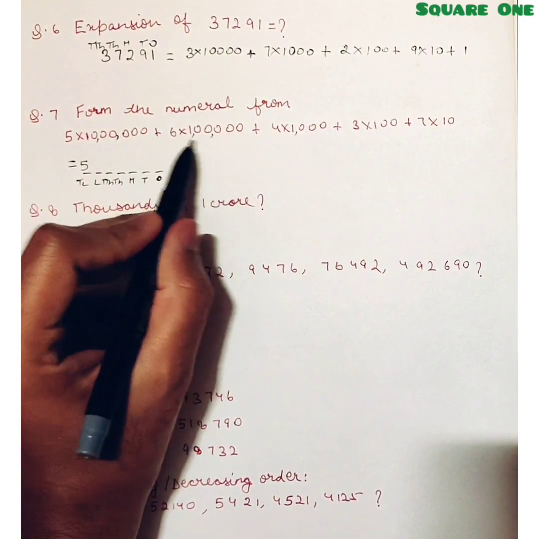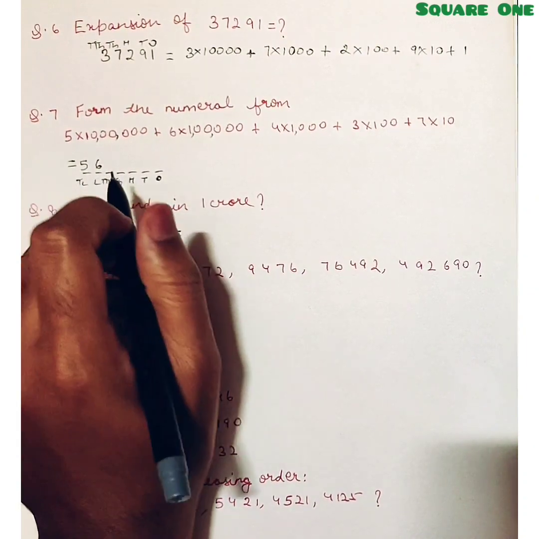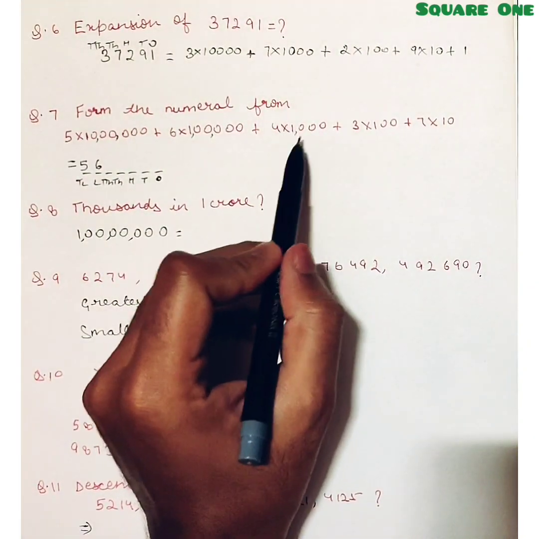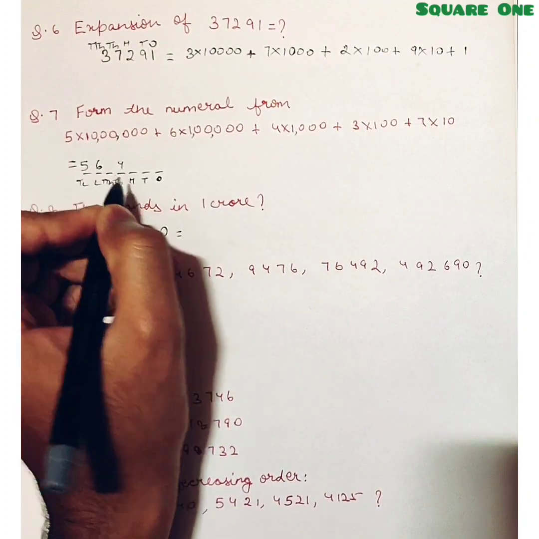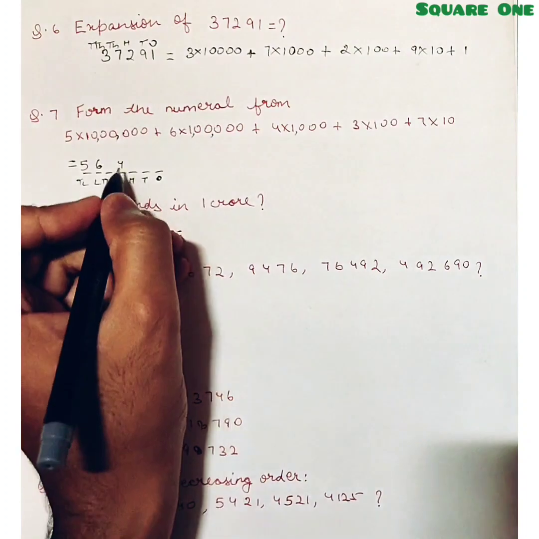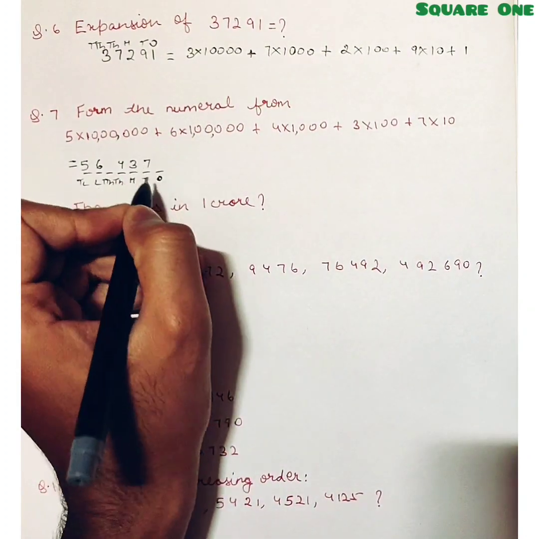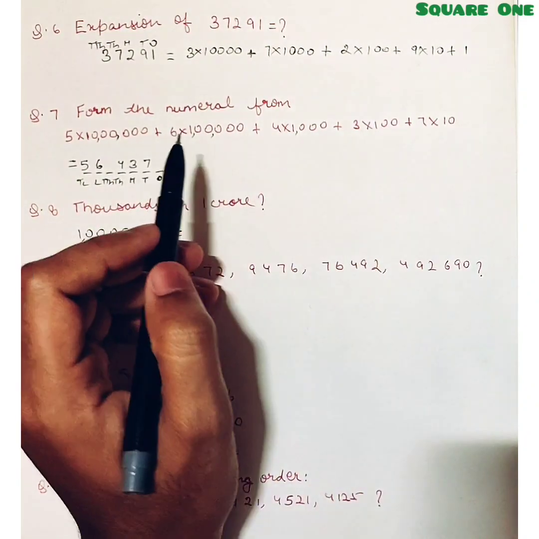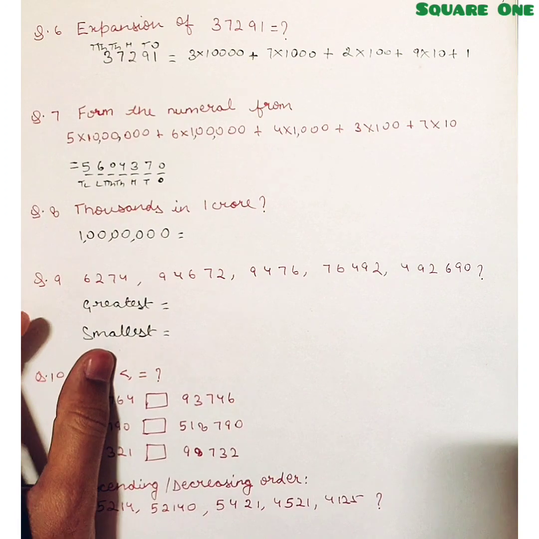And 6 occupies the place of lakhs, so 6 is the next digit. 4 occupies the place of thousands. And 3 takes the place of hundreds, so I will write 3 here. And 7 takes the place of tens. Now the places that are missing, I will simply write 0 over there.